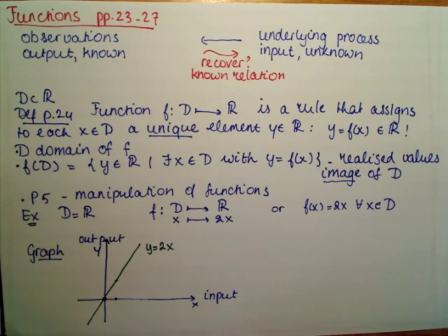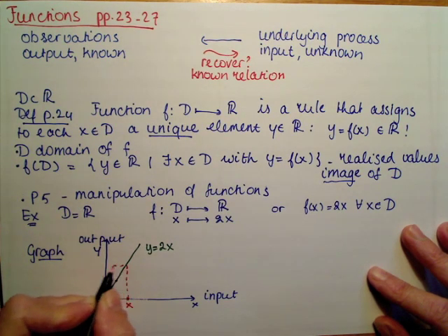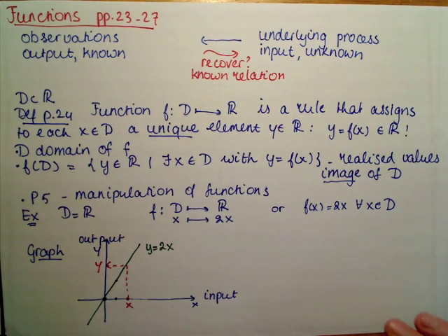Now, is this a function? Yes, because to each input variable x we assign precisely one output variable y. Can we recover, in this case, x from an observed y? Well, yes.